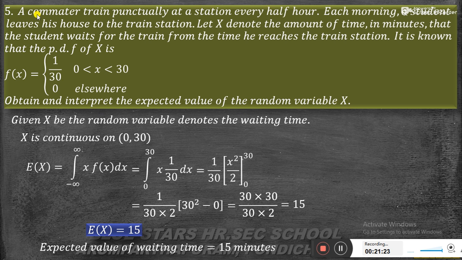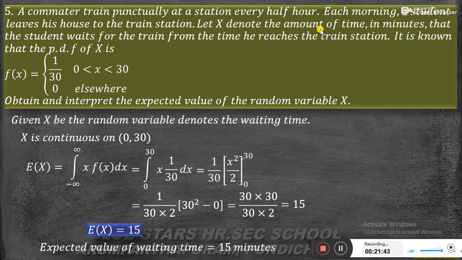So here, a commuter train arrives punctually at a station every half hour. Each morning a student leaves his house and reaches the train station, the railway station.